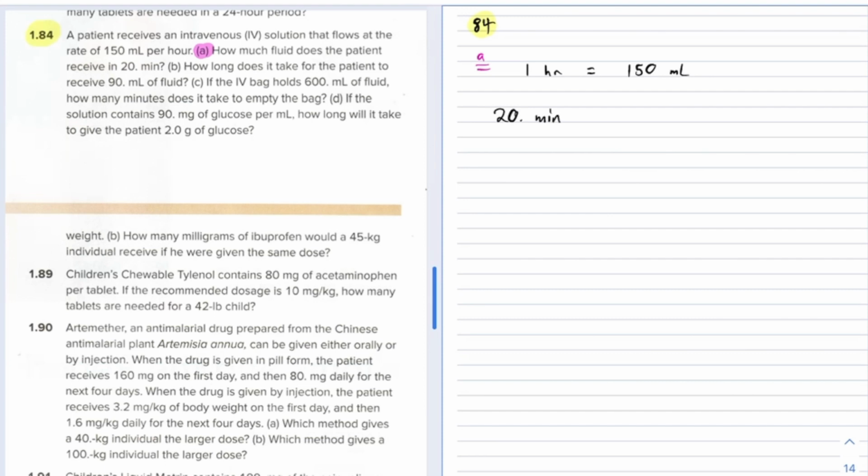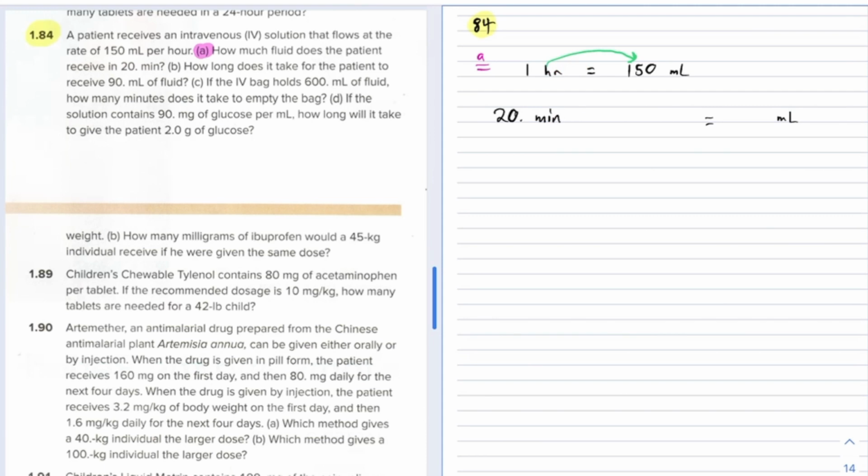If you got 20 minutes, then calculate how many milliliters you get from that. Okay, so first you're going to want to turn this into hours. 20 minutes, you can figure out how many hours that is, and once you know how many hours that is, use the top relation to convert to milliliters of fluid.